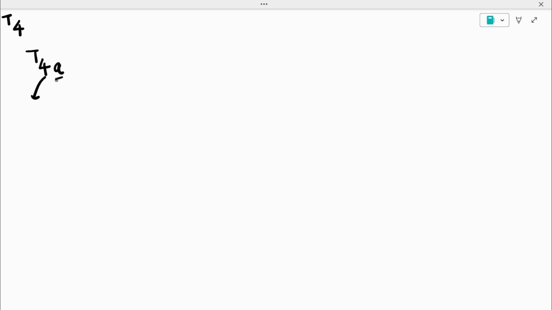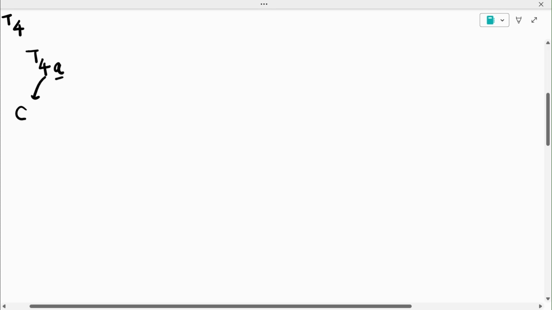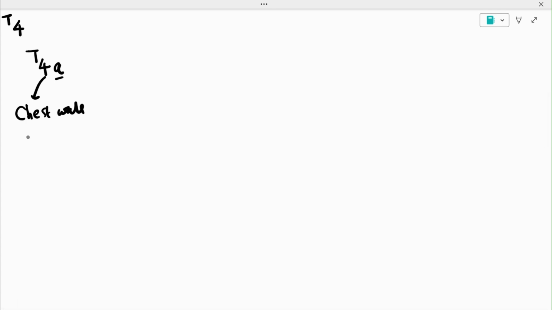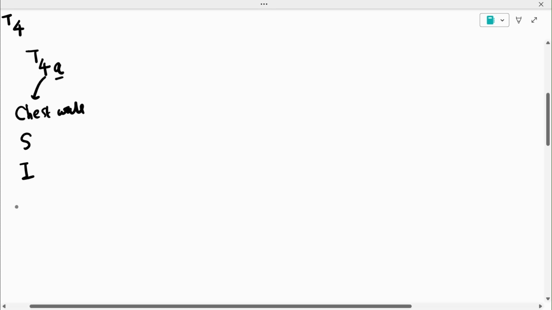T4a: you can remember A for under. What is present posterior to the breast? There will be the chest wall. Whenever you have chest wall involvement, that will constitute your T4a. There are three important things which constitute chest wall according to the TNM classification, and they go by the mnemonic SIR.